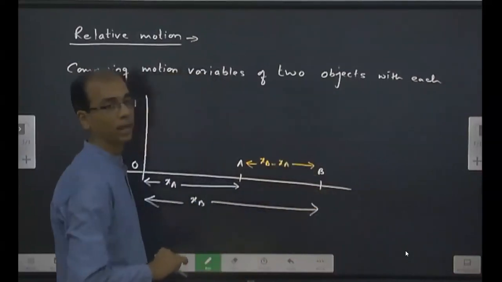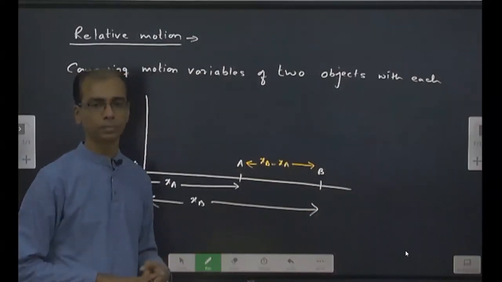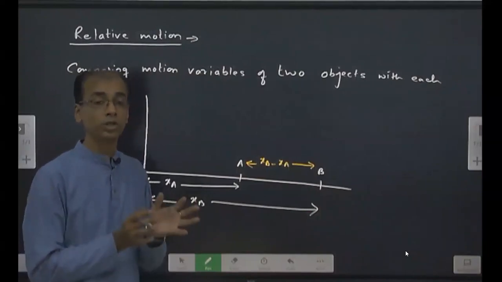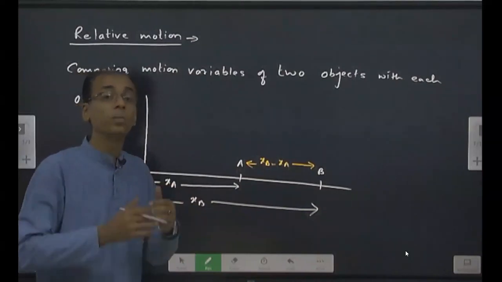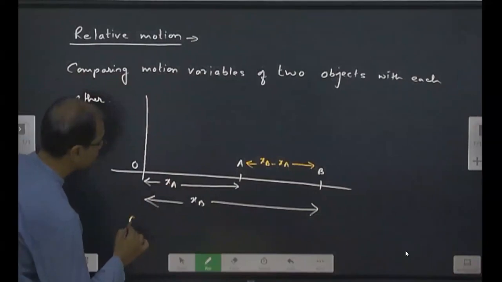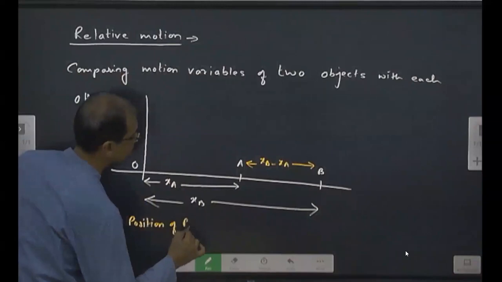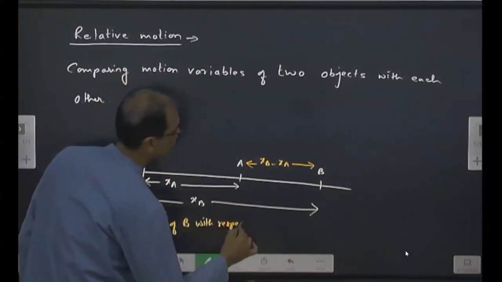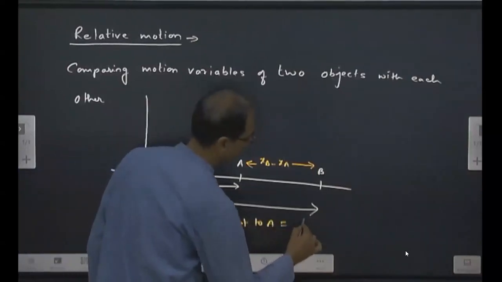And this I'm calling the position of B with respect to A. Okay, how far is B from A? I'm writing it as position of B with respect to A. You told me it is XB minus XA.